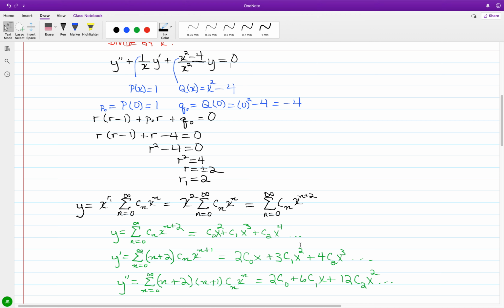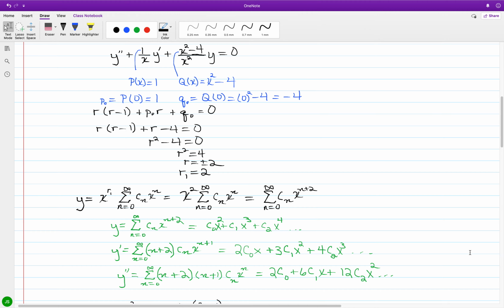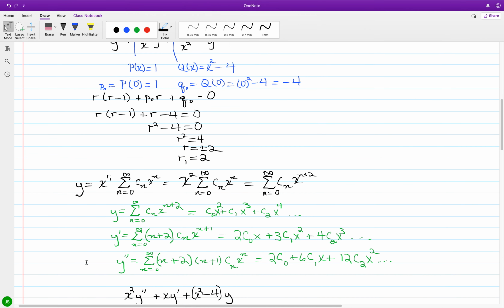That is just the first order derivative of y, so you have 2c naught x, 3c1 x squared, 4c2 x cubed. And then with the derivative of this, we have the second order derivative of y, which in summation notation is, as n goes from 0 to infinity, the summation of the product of n plus 2 and n plus 1 and c of n times x to the n, where we have in the mix 2c naught plus 6c1x plus 12c2x squared.